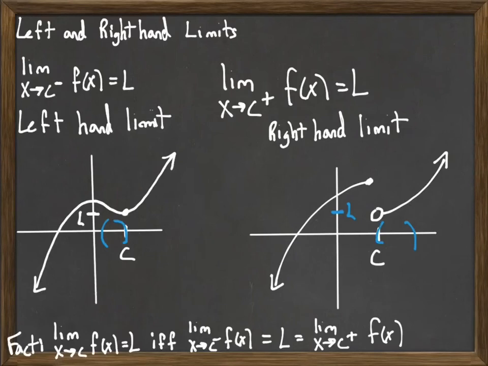So that means if you have a full-blown limit approaching L, then both sides have to also approach that. And the other side of the coin is if both sides approach L, then the full-blown limit approaches L as well. The contrapositive of that is if the right and left don't agree, then we don't have an overall full-blown limit.